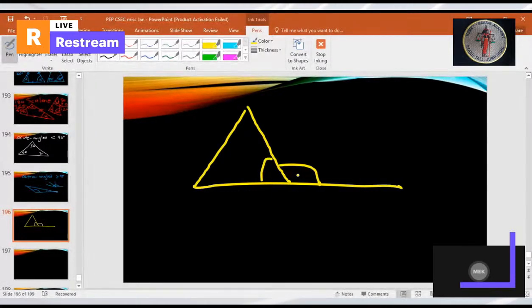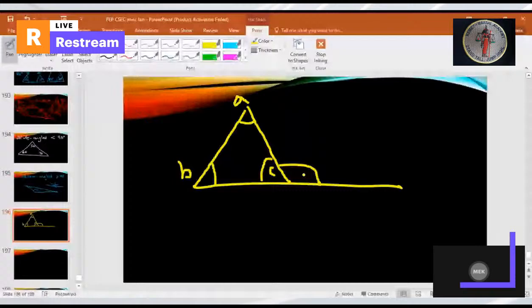And the exterior angle is the sum of these two angles here. Say we're calling this A and B and C and D. Okay, so A plus B would give you D. C plus D is 180.